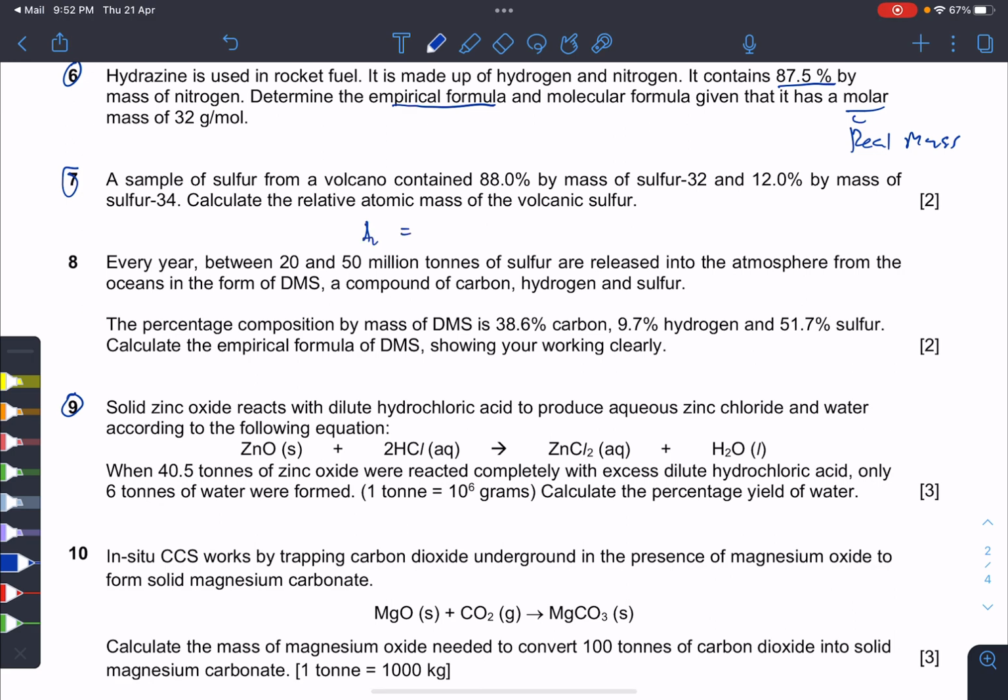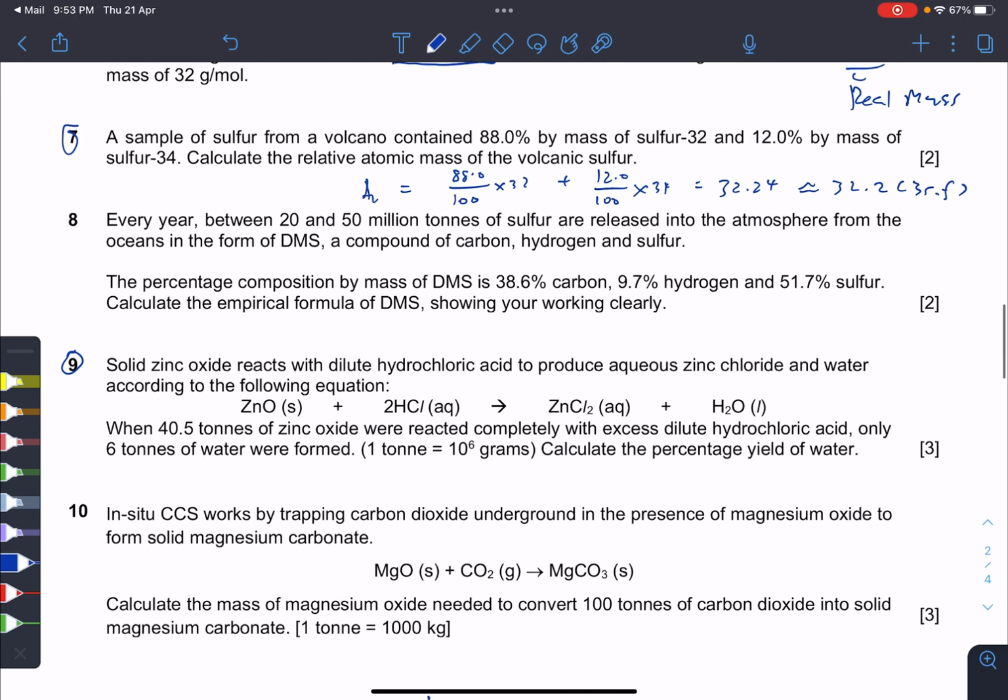Ar here is actually just 88% times 32 plus 12% times 34. Add them together and that's your answer. So straightforward. Don't you love how easy these questions are? Anyway, you get 32.24. Remember, you can always leave it in 3 sig fig.